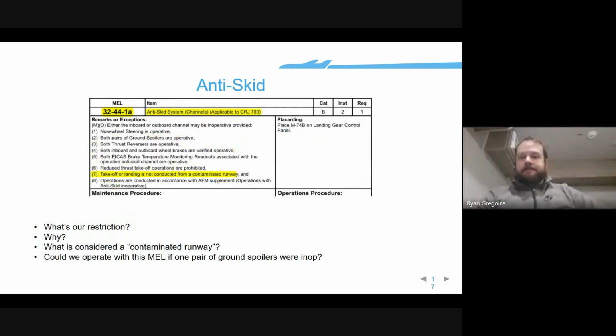Anti-skid system. What are the associated restrictions? And there are quite a few with this one. What are the associated restrictions if we're operating with a broken anti-skid system?